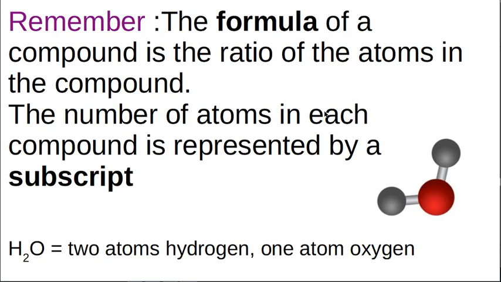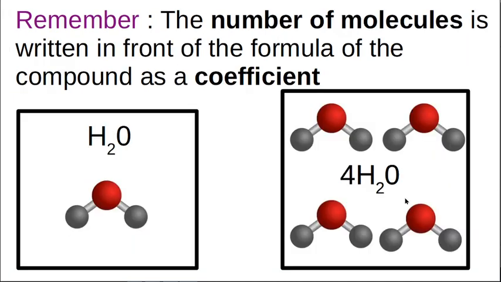So we write the number of atoms in each compound with a subscript, H2O. And this will always be water, no matter where you are in the world, no matter how you made it. 2 atoms hydrogen, 1 atom oxygen, okay? So this tells you what atoms are in the compound and in what ratio.